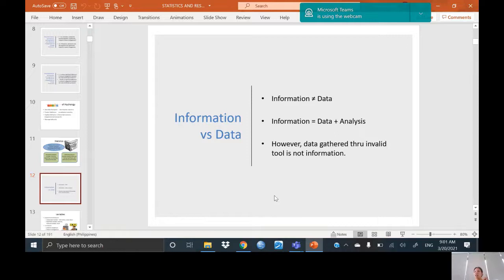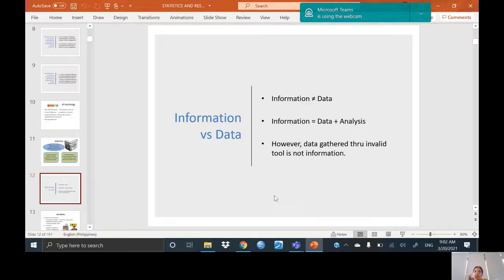Validity. These are two properties of a psychometric tool that you have to ensure so that your data would truly be an information. Data and analysis would truly be an information. Because, sabi nga, data gathered through an invalid tool is not information.